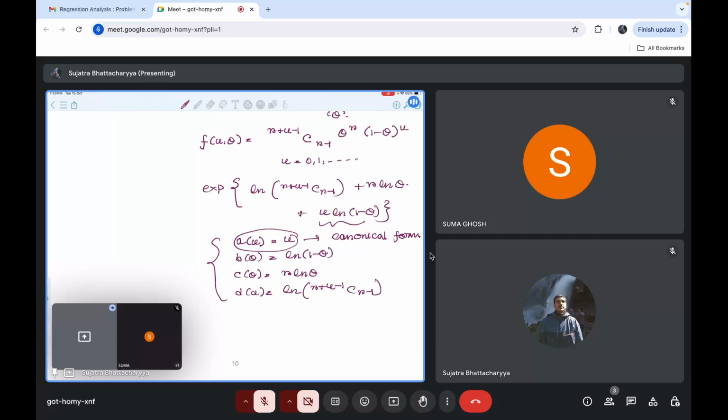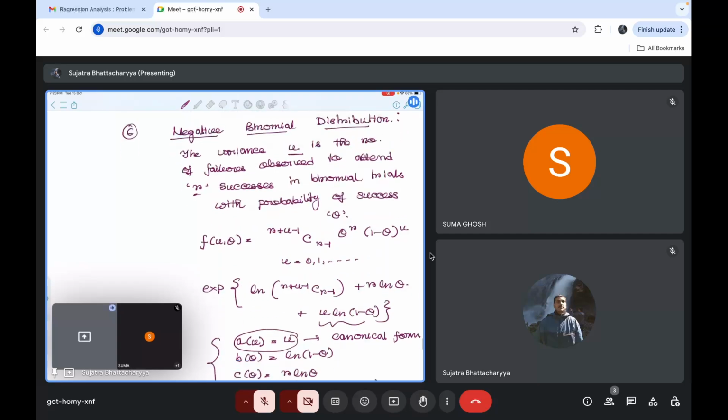The essential thing is that whenever you have some kind of distribution, you will try to write it in terms of this exponential bracket, generalizing it with some log functions or known functions. After generalizing it, look for the term consisting of the functions of the random variable u and the parameter of interest theta together. The only term which consists of u as well as theta is this one.